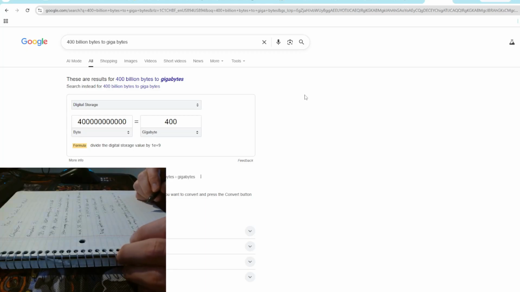okay, so bytes per second times seconds equals bytes. Let's actually write that. Bytes equals bytes per second times seconds, which gets rearranged to bytes divided by bytes per second.